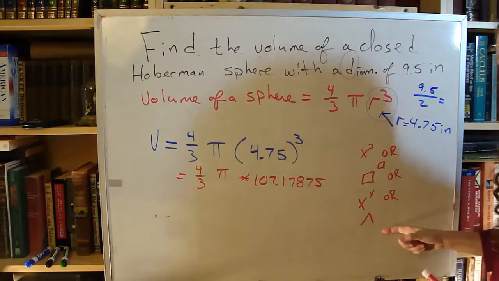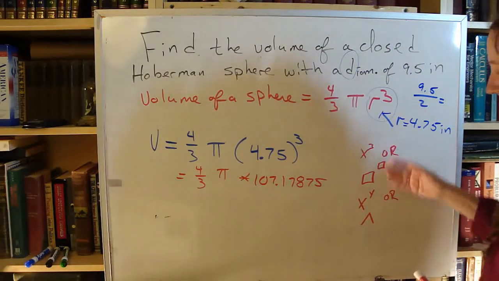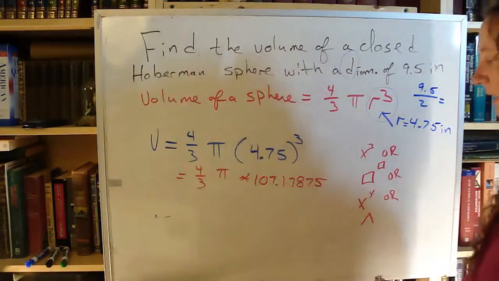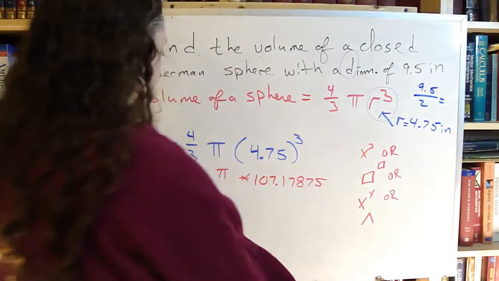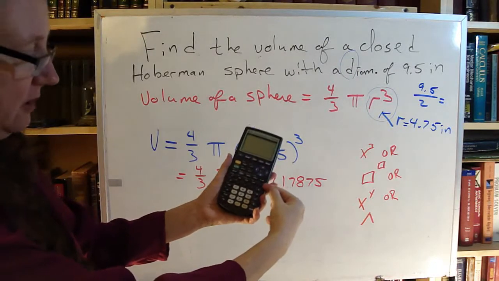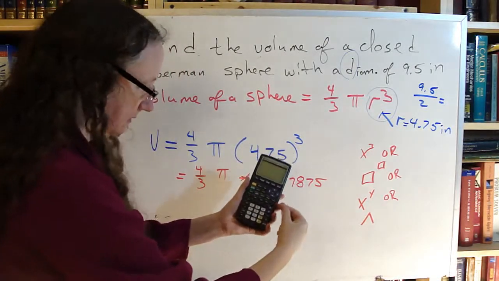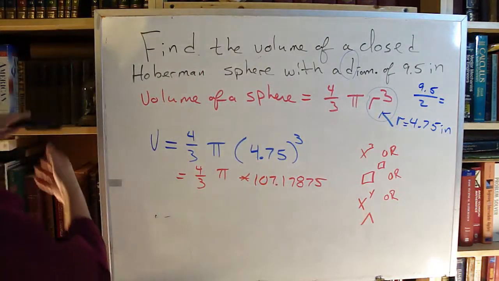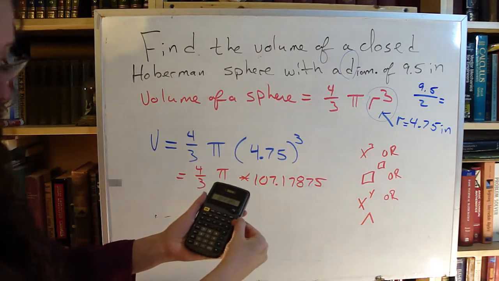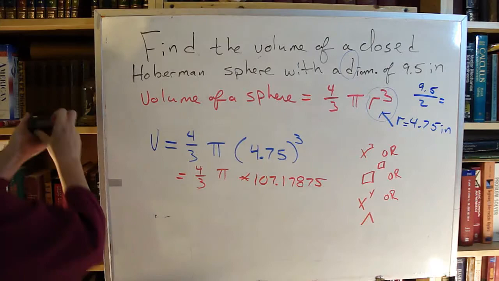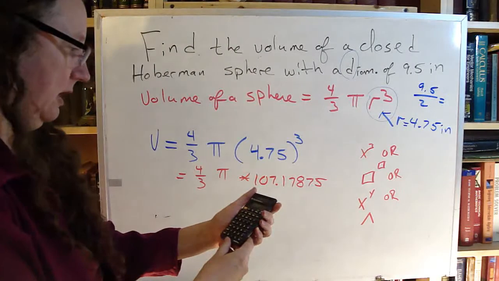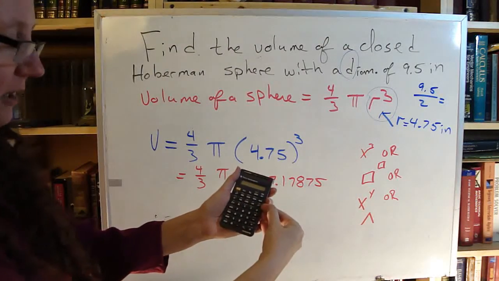So there are 4 different ways that I've seen on calculators that you can use to get an exponent of 3. So on this calculator, it has the chevron button right there. On this calculator, it's actually y to the x instead of x to the y. And on this calculator, it's also y to the x.